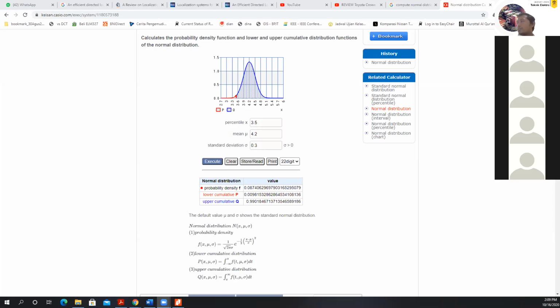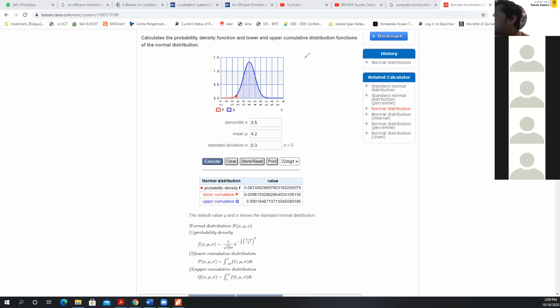You can access many websites to compute this probability. For example, I use Keisan Casio, but this is really not an advertisement. It is only a random pick from the websites.